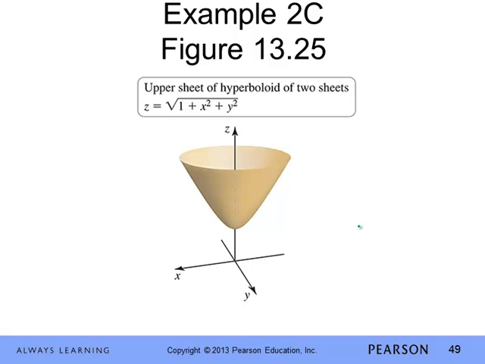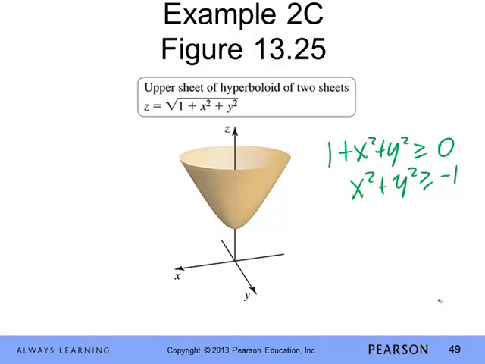Moving along here. For this function, z equals the square root of 1 plus x squared plus y squared. What is the domain? Well, we know that we cannot take the square root of a negative number, so we would set 1 plus x squared plus y squared to be greater than or equal to 0, and then x squared plus y squared greater than or equal to negative 1.